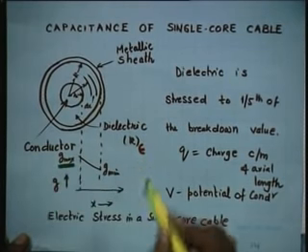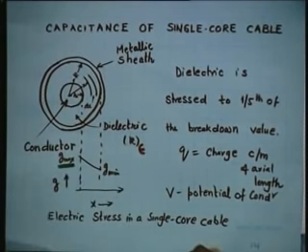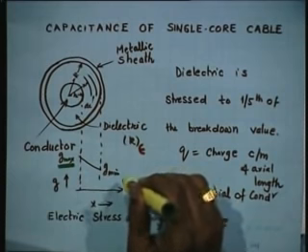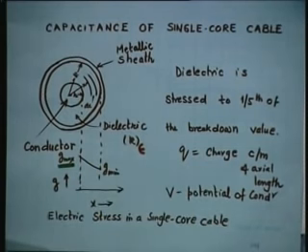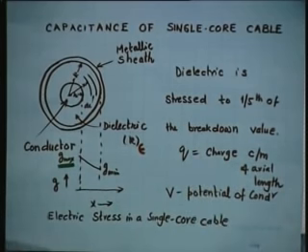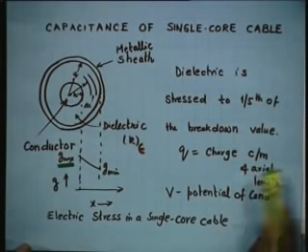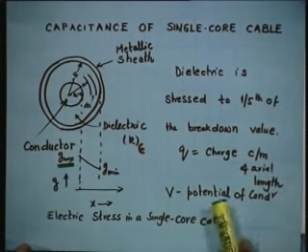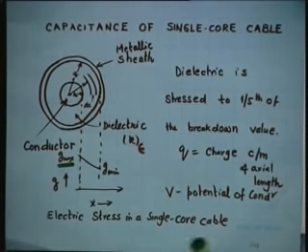And as you go towards the outer part of the cable through the dielectric, it reduces, and finally you get G min. That means the dielectric is stressed to only 1/5 of the breakdown value, because we have to worry about G max, and G min is very small. Q is the charge in coulombs per meter of axial length, V is the potential of the conductor. Those of you who have done field theory, all these things should be very easy for you. In any case, you must have done cables earlier.